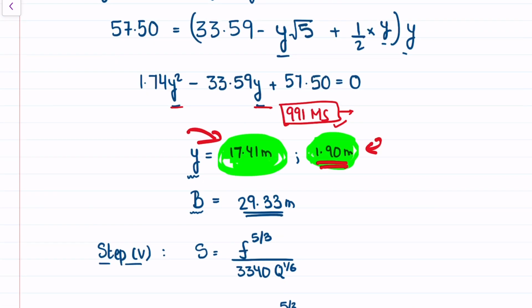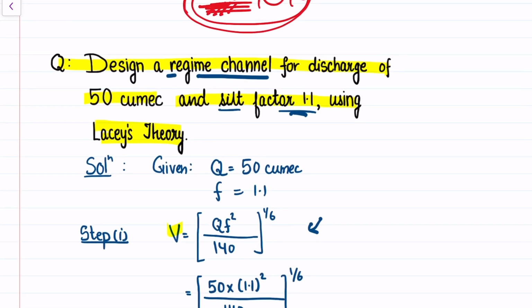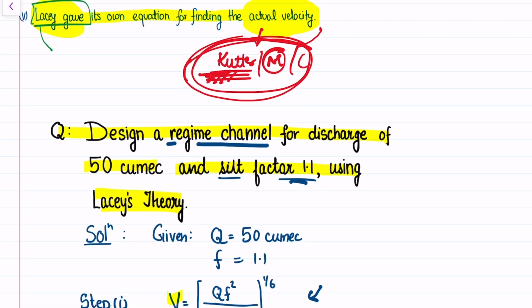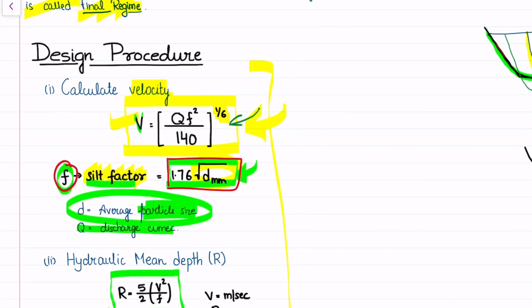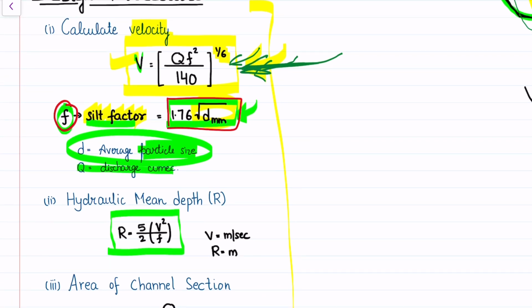One more important thing to note for Lacey's topic is that you should remember these formulas thoroughly, because in many competitive exams, questions come directly from the formula itself. They may give you simply the discharge value as well as the silt factor, and then you have to find out the velocity.